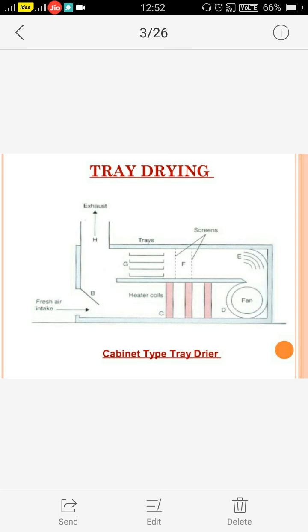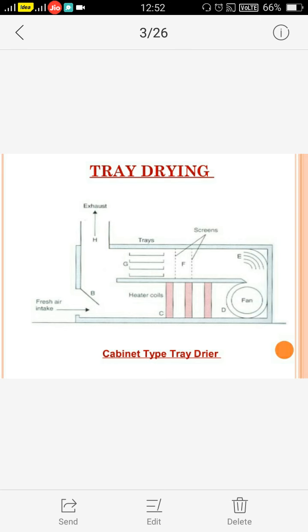It consists of a blower, heater coils, a number of trays in the drying chamber, screens provided as filters, and then an exhaust system. Firstly, the fan sucks air from the atmosphere and transfers it over the heating coils, and this air is heated.